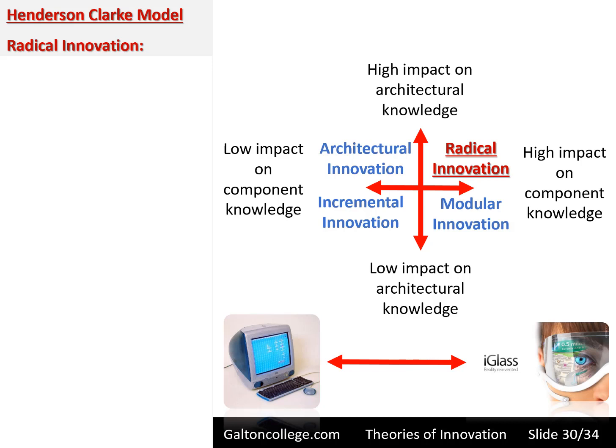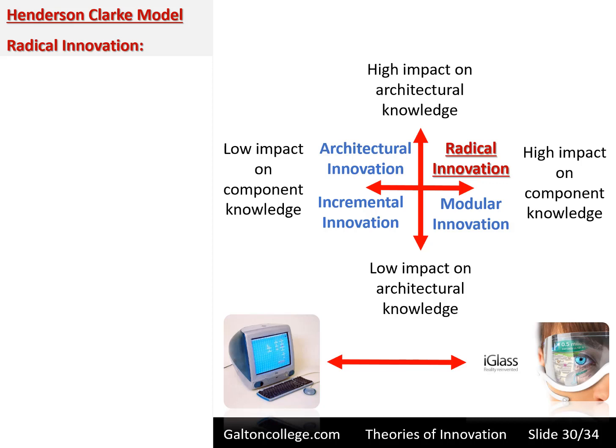Well, in the past we would use a PC, or an iMac or whatever to surf the net. So here we can see the components are totally different, but the architecture is totally different as well. And that's radical innovation.